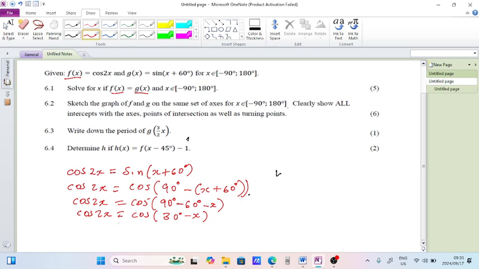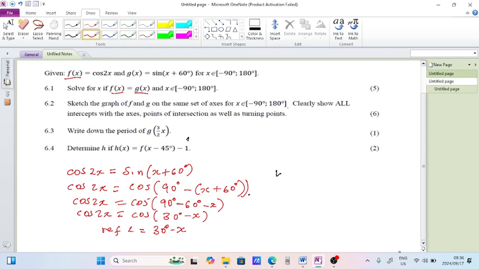From there, what is your reference angle? On the right hand side. So what is the angle on the right hand side? 30 degrees minus x. That is your reference angle.